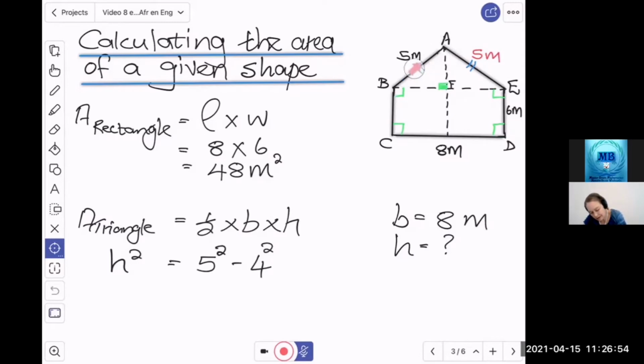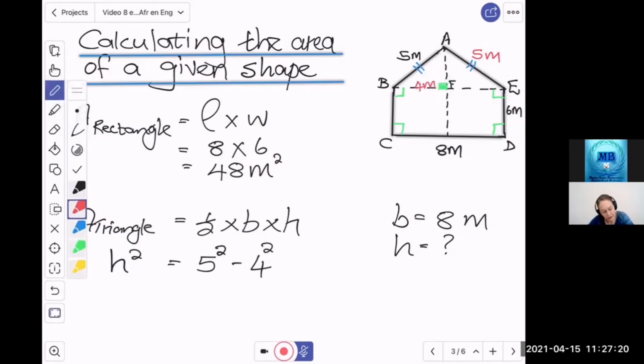Because this side and this side are of equal length, and also these sides are equal because they are shared, it is logical that if you fit them onto each other, these 2 sides will also be of equal length. Therefore, this total side of 8 meters is actually halved. So it means that this length BF is 4 meters.